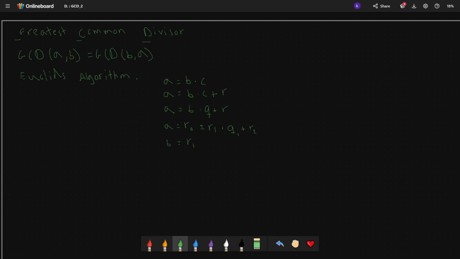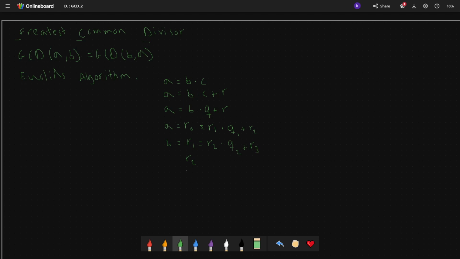We discover remainder 2 by subtracting remainder 1 multiplied by quotient 1 from remainder 0. And so we discover remainder 2. And then we express remainder 1 in terms of remainder 2. So we say remainder 1 is equal to remainder 2 multiplied by quotient 2 plus remainder 3.